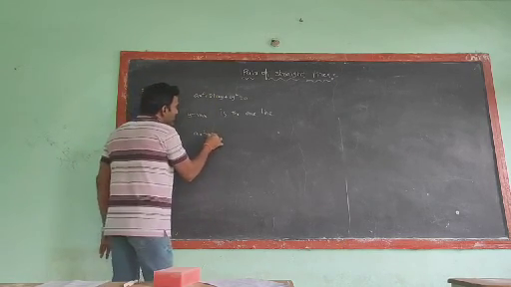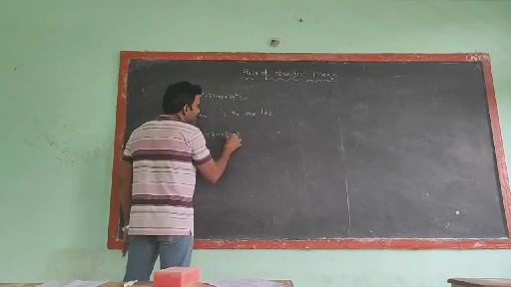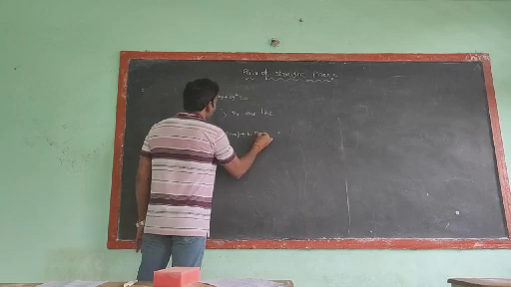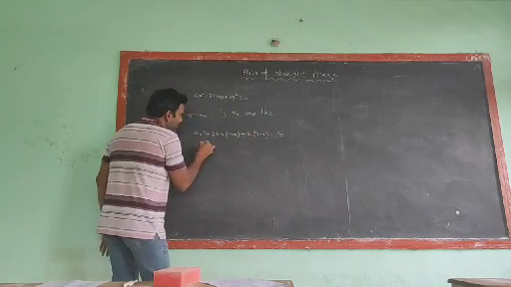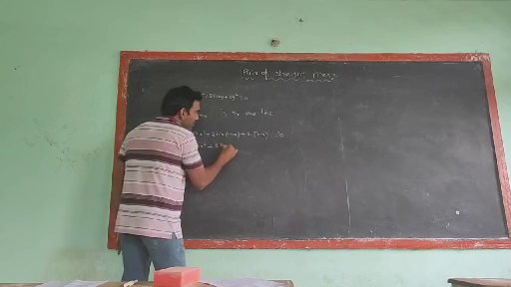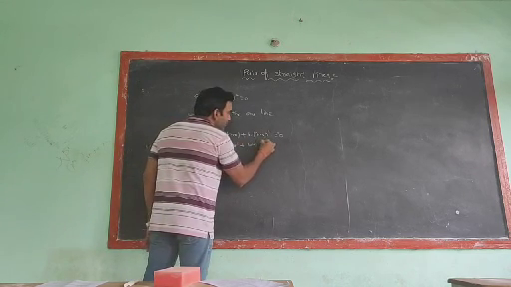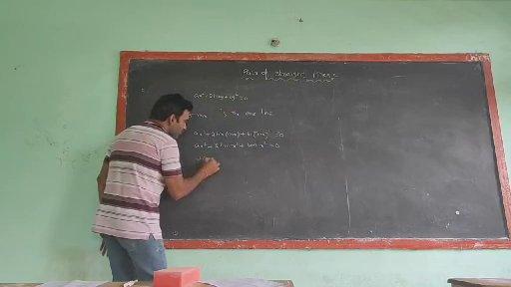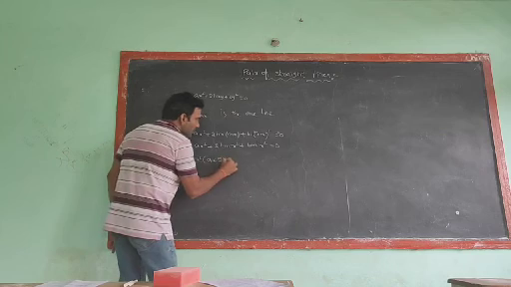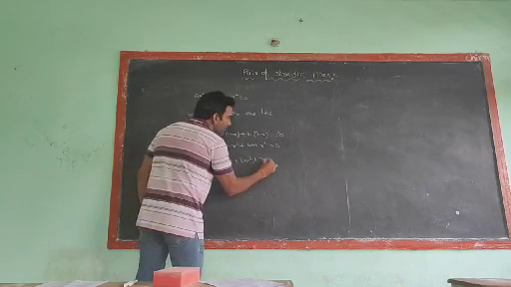ax square plus 2hx in the place of y, if I put mx, plus b into mx whole square equal to 0. So ax square plus 2hm into x square plus bm square into x square equal to 0. If I take x square common, a plus 2hm plus bm square equal to 0.